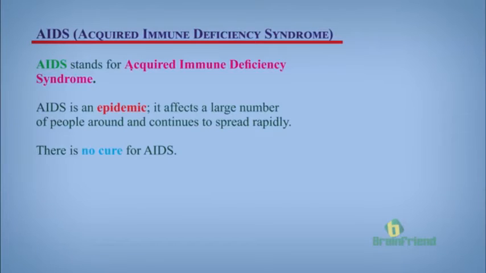What is AIDS? AIDS stands for Acquired Immunodeficiency Syndrome. You can say that again. Acquired Immune Deficiency Syndrome. AIDS is an epidemic. It means that it's a widespread disease and it affects a large number of people, and it continues to spread rapidly. And remember, it has no cure.